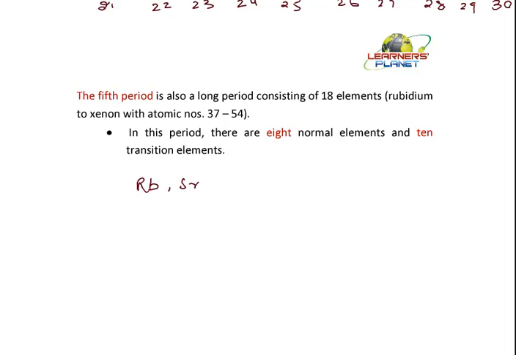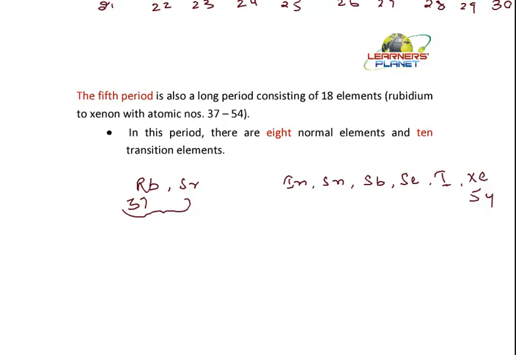Then this side would be indium, tin, antimony, selenium, iodine, and the last element is xenon, and it starts with the atomic number 37 and ends at 54. So these are again the metals, and these are the non-metals.